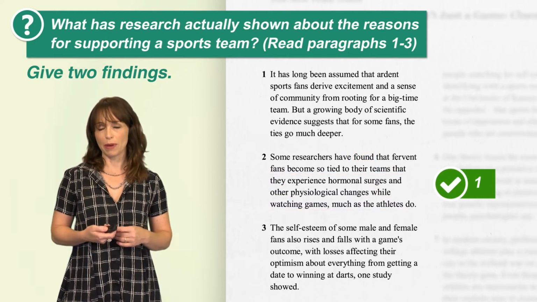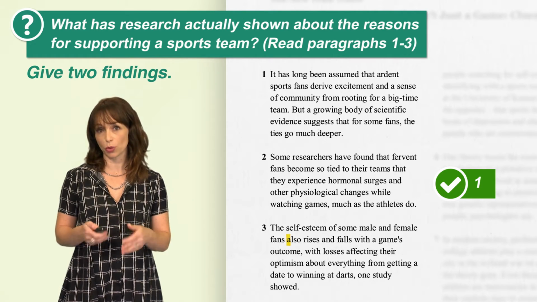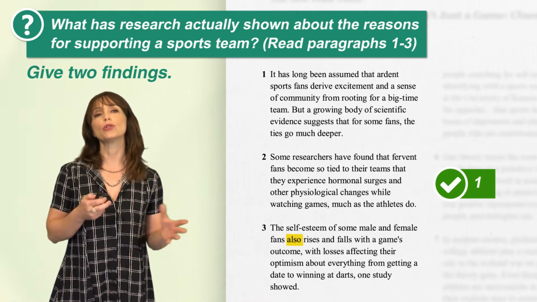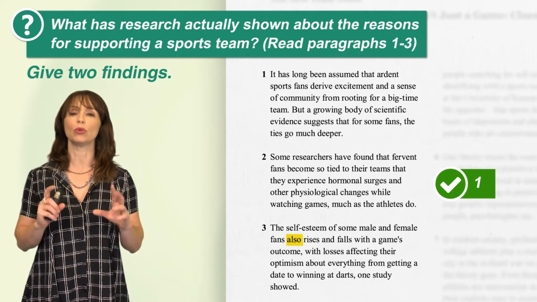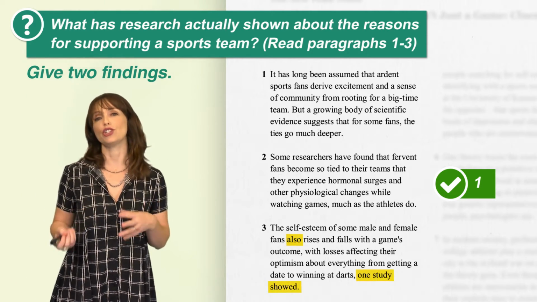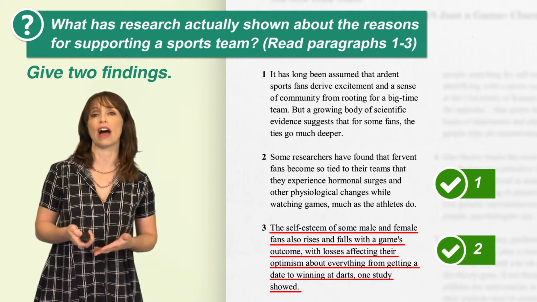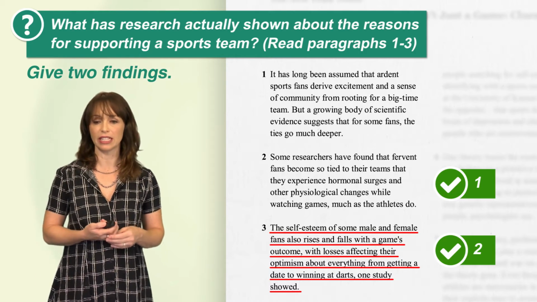And if we look at paragraph 3, we can also see the word also, גם, שזה אומר שיש לנו ממצא נוסף. And also towards the end of paragraph 3, we see the words, one study showed. כלומר, all of the information in paragraph 3 is another finding. So what is the second finding?